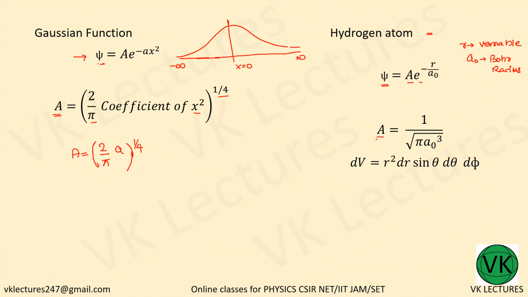The normalization constant A is equal to 1 divided by under root pi a naught cube. And dV, in the 3 dimensional spherical polar coordinate system, is given by r square dr sine theta d theta d phi.